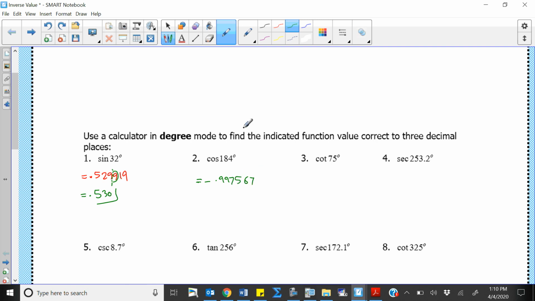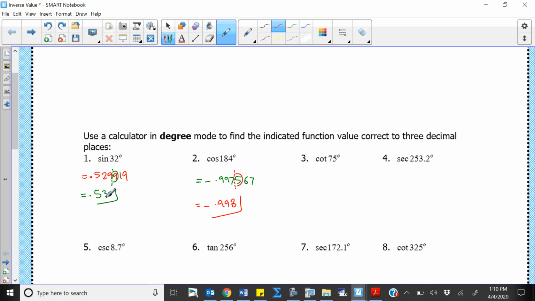Then I need to round this, so I draw a line after the third decimal number, and the next number 5 is right in the middle between 0 and 10, so I can choose between the upper or lower limit. We usually choose the upper limit, so this will be negative 0.998, adding 1 to the 7.